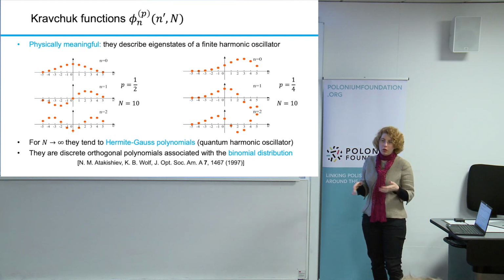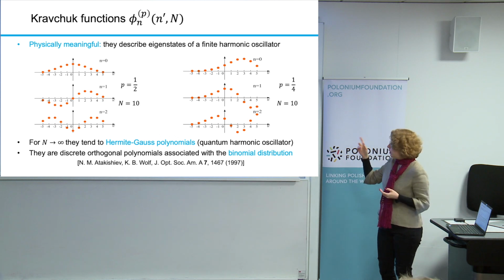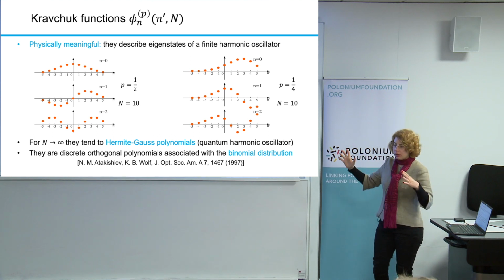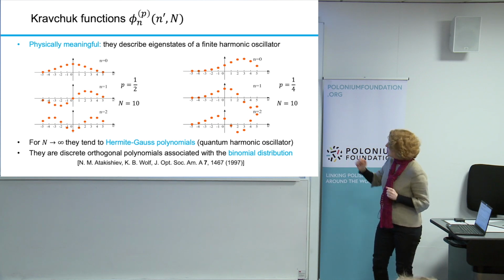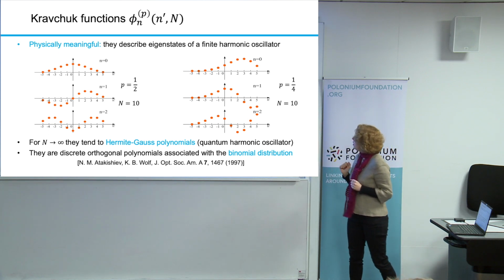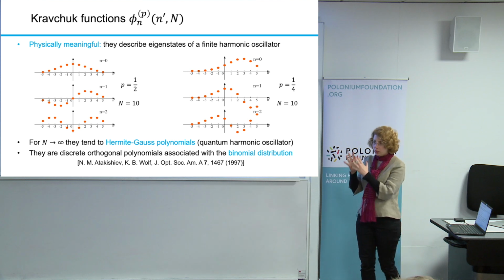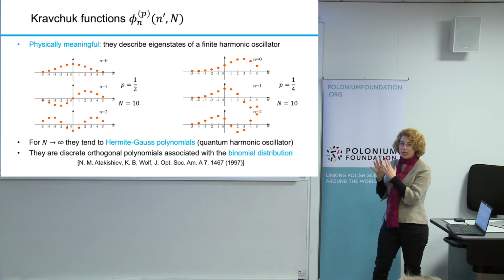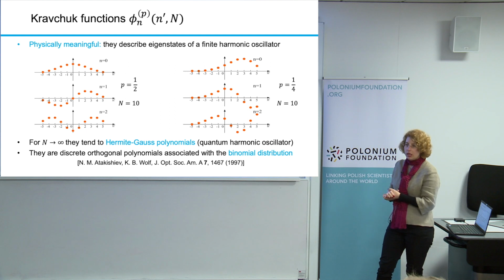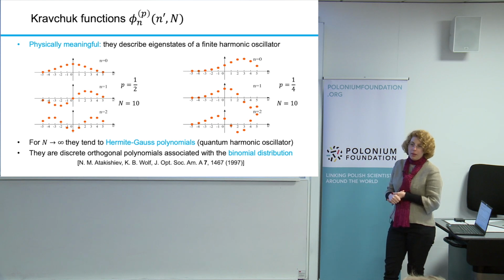Unlike Hermite-Gaussian polynomials that are always symmetric with respect to the y-axis, these polynomials can be made asymmetric. As you can see, for example, on the right here, for a specific parameter p equal to 1/4, we can shift them and in a way zoom in on a specific region of interest. This is because Kravchuk functions are polynomials that are orthogonal, but with respect to the binomial distribution.